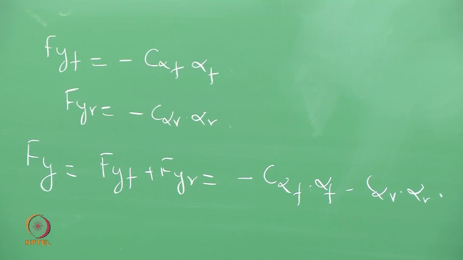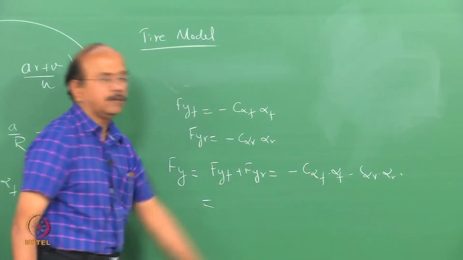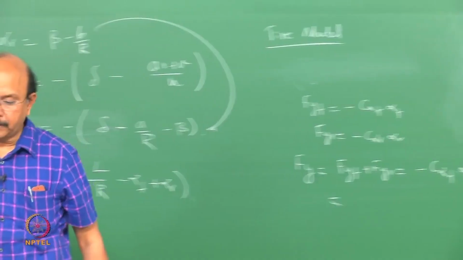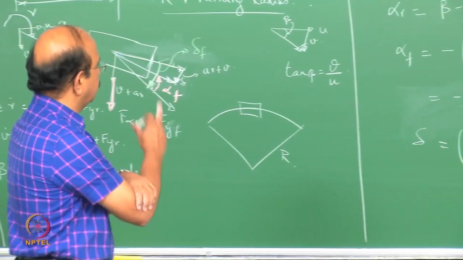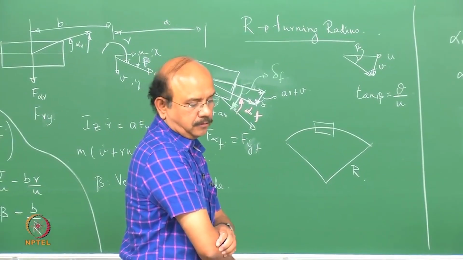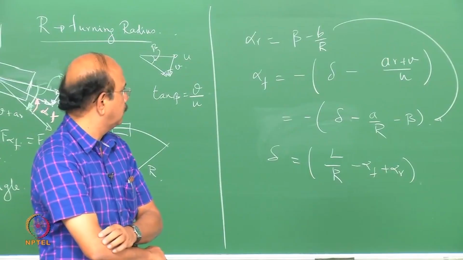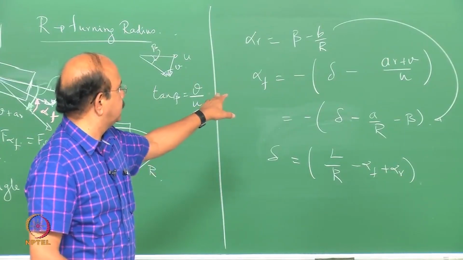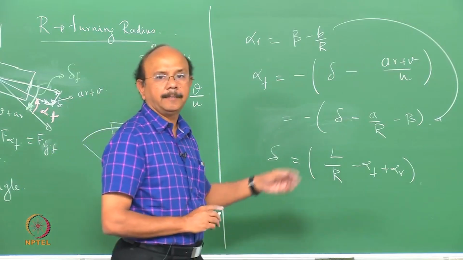Sir, is C alpha your stiffness? Yeah, of course. I'll give you a small job. Write down alpha F and alpha R. We had already derived it. So just substitute it.